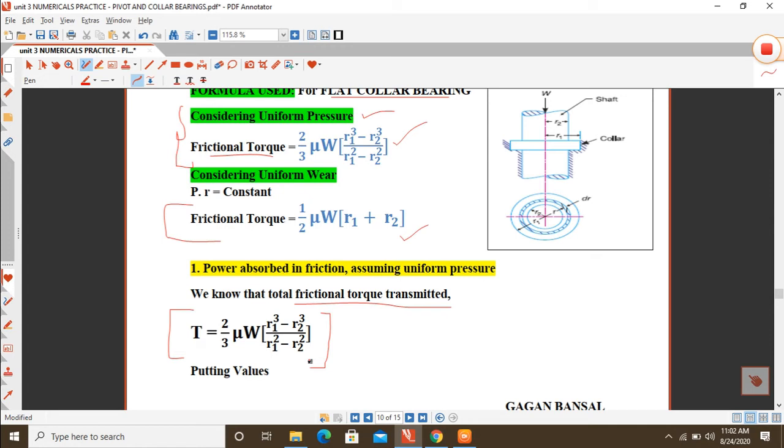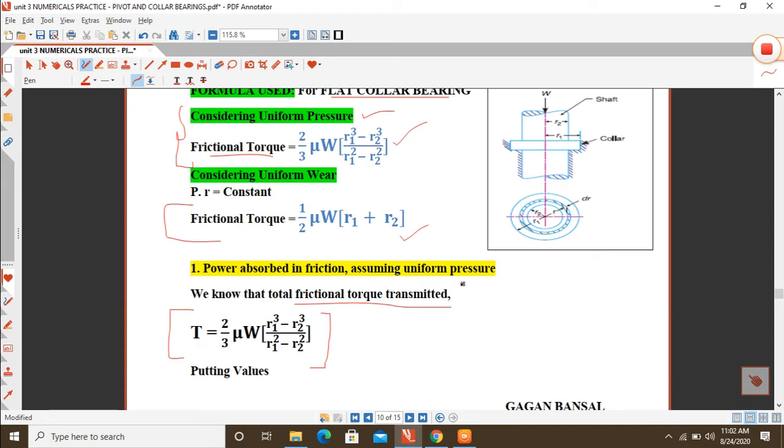This will help you in all the ways possible. Solving the numerical will be like a game if you remember the formulas and the nomenclature, what mu means, what W means, what R1 is, what R2 is, etc. So this is very important.